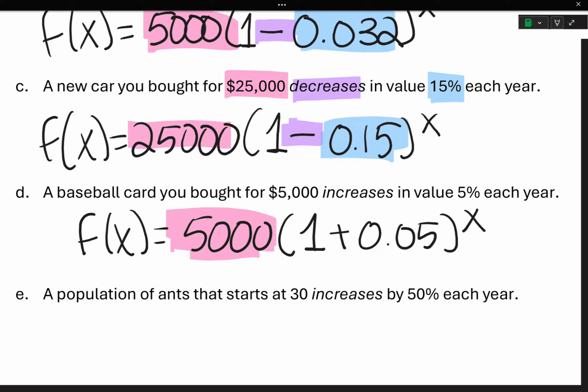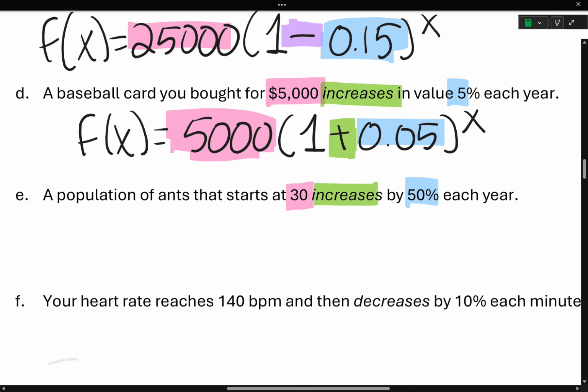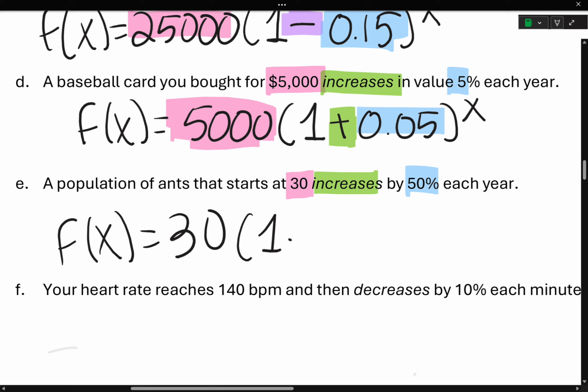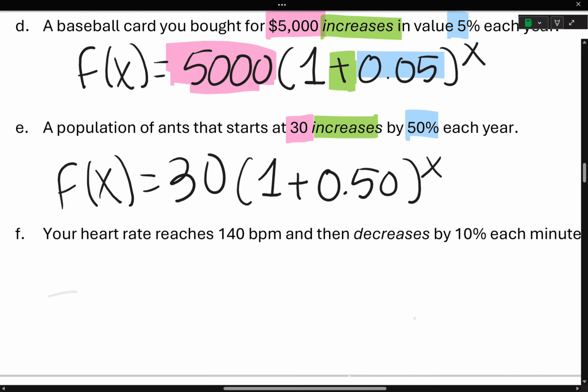Letter E. A population of ants starts at 30 and increases by 50% every year. Let's write a function. F of x equals 30 times 1 plus 0.50.